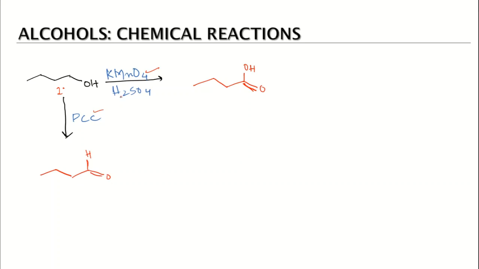So if we are converting the primary alcohol into the carboxylic acid, then we are using a strong oxidizing agent, and if we use a weak oxidizing agent, then it will be converted to an aldehyde.